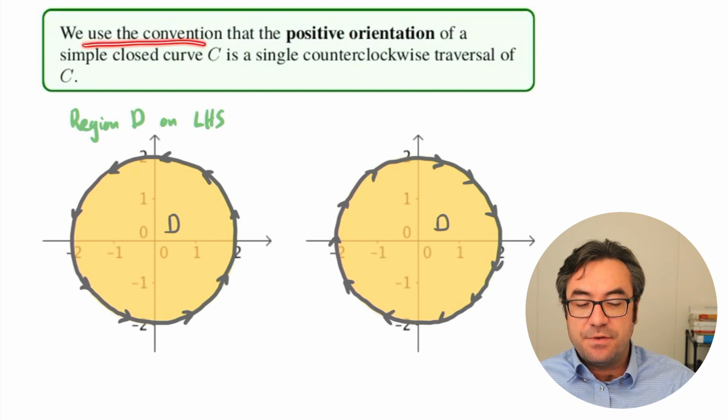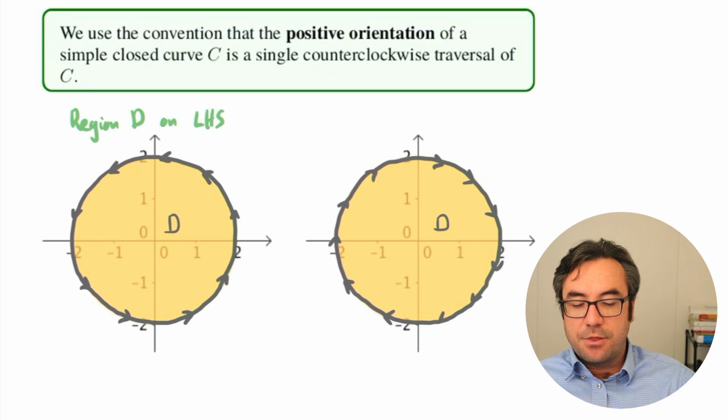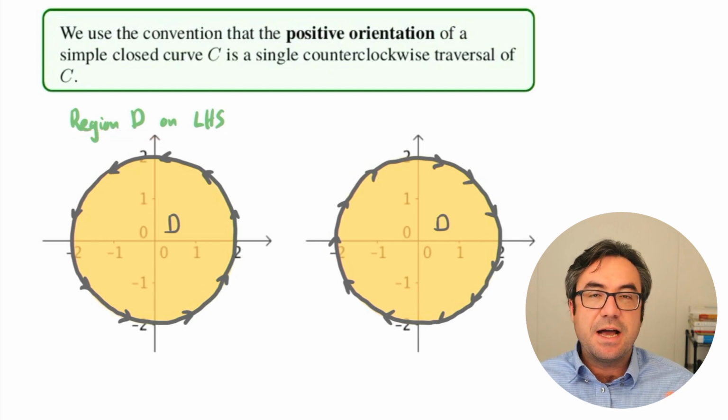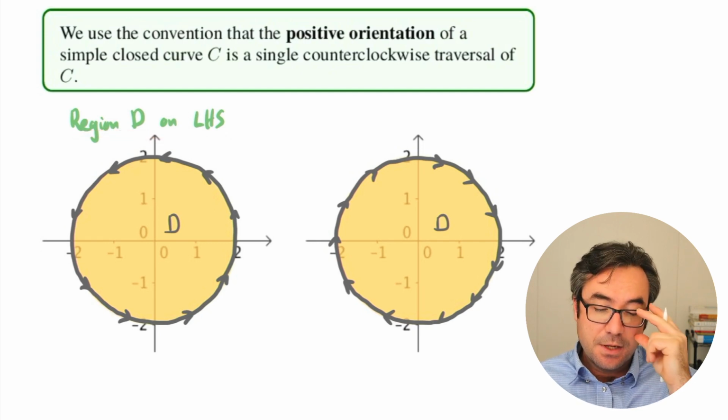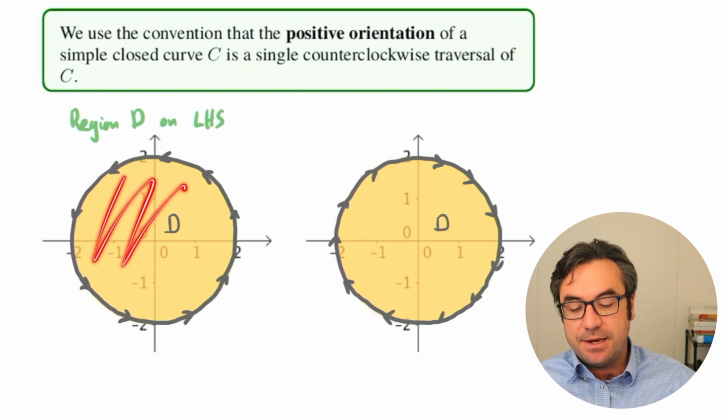So we use the convention that the positive orientation of a simple closed curve C is a single counterclockwise traversal of the curve. Another way to think of this is we want region D on the left-hand side. So if we imagine standing on our curve and we walk around, we want the region D to be on the left.